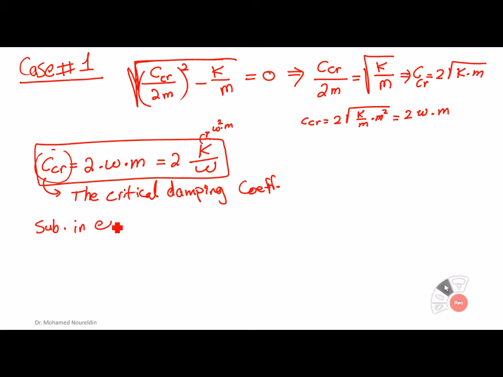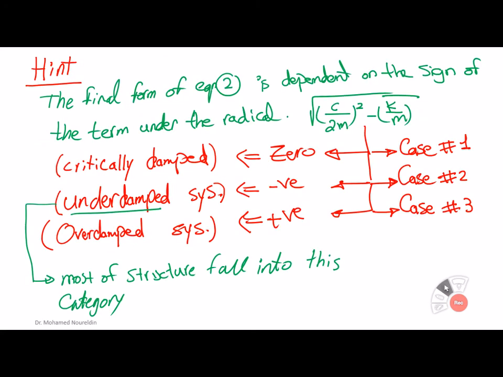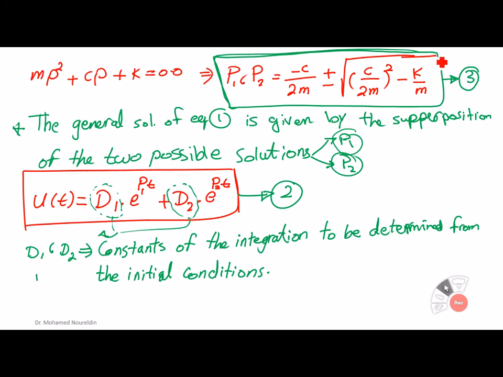in equation number 3. Let's have a look at equation number 3 again. So this is equation number 3 here. p1 and p2, we have two different roots, but the point is, in this case, the term under the radical is going to be 0, so we do not have 2 roots here, it's going to be 1 only. Plus and minus are not going to be there anymore because this is going to be 0, right?